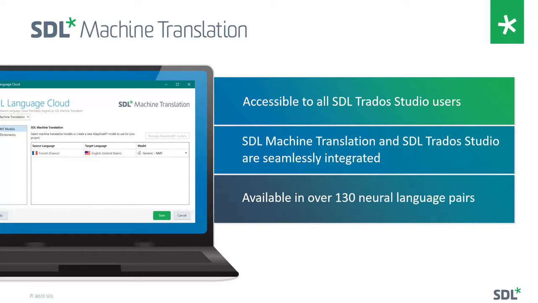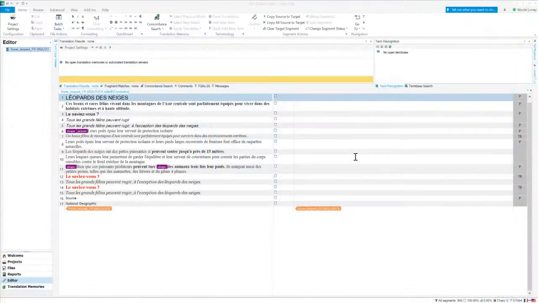This video will show you how to connect to SDL Machine Translation whilst working in SDL Trados Studio, the different ways in which you can work with and receive machine translation results, and how to access your machine translation account to view your subscription package.